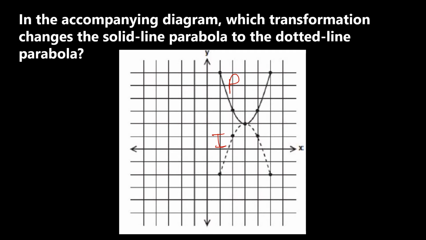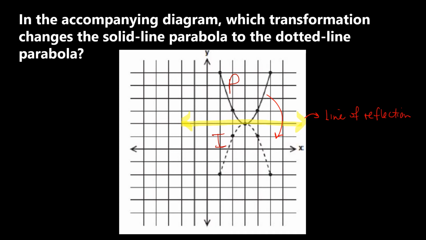The first way would be to reflect it across some type of reflection line at the vertex of both of the parabolas. So that means that I'm flipping the parabola over the line of reflection. And this yellow line would be that line of reflection.